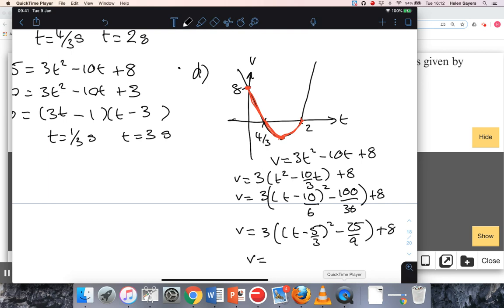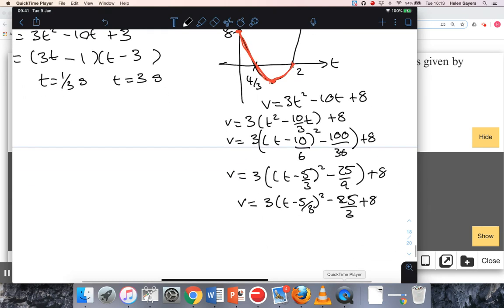If I multiply 3 by 3, I get 3 minus that, which is 25 over 3 plus 8. So that gives me, still a lot of effort here just by putting this into the calculator, to be fair, but we're committed now. So minus a third.